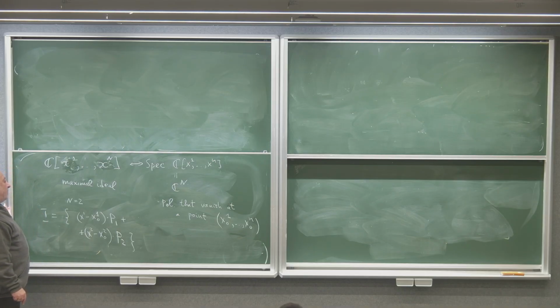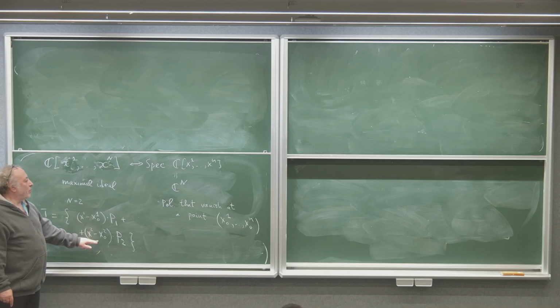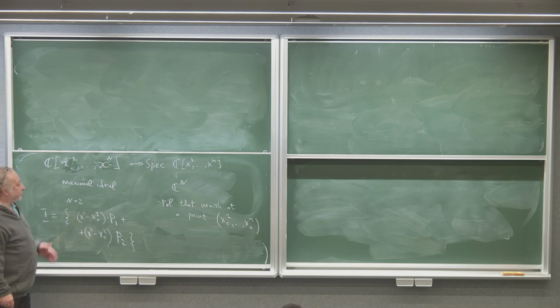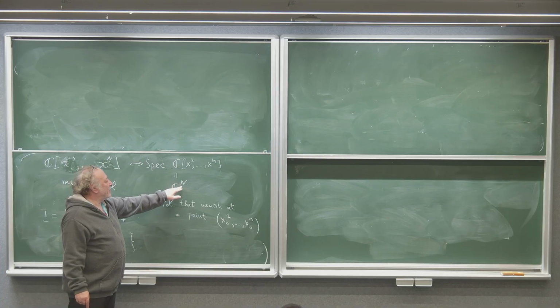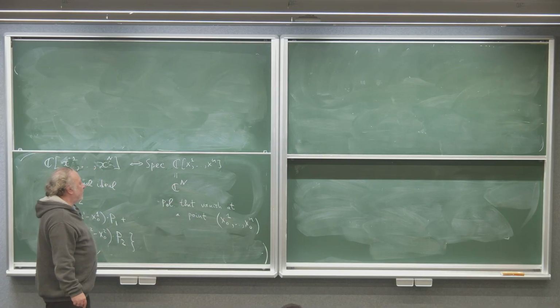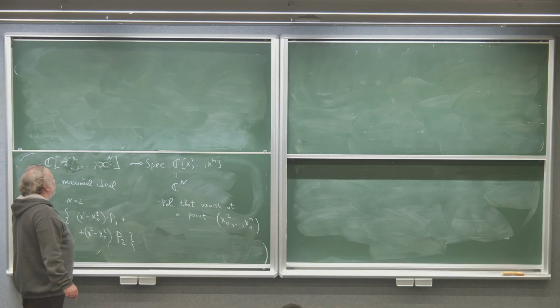It's clear that it's an ideal and it corresponds to the point. Arguing in this way, you may show that the spectrum is exactly the space C^n.